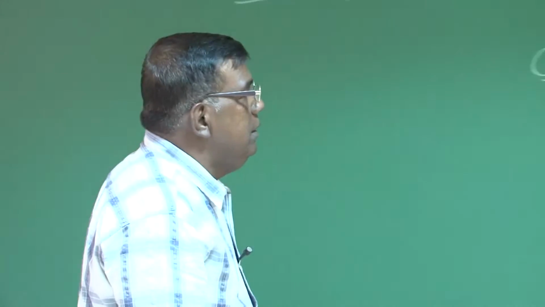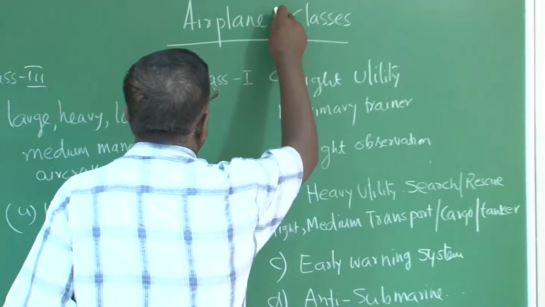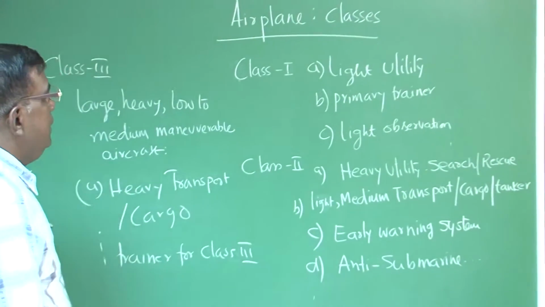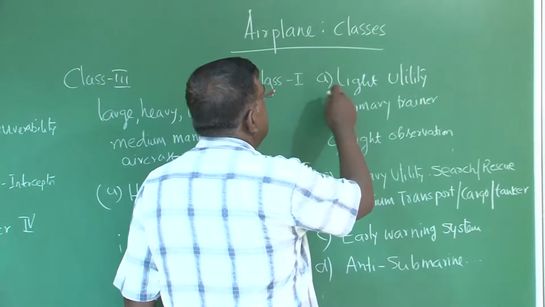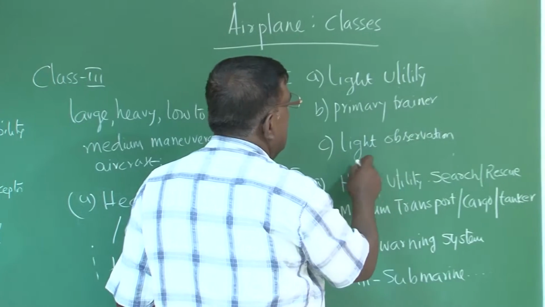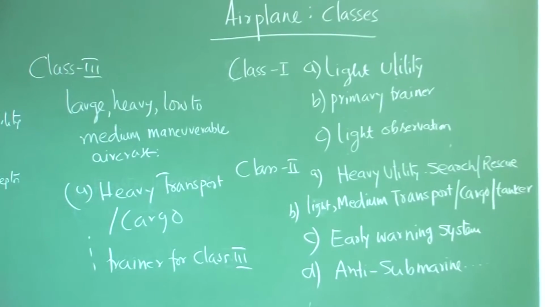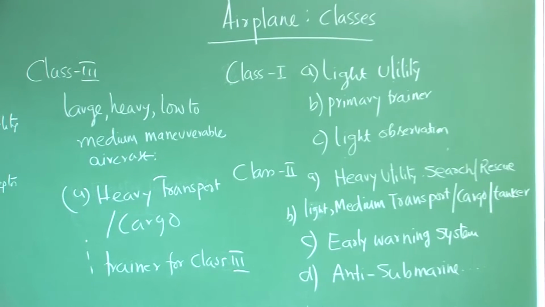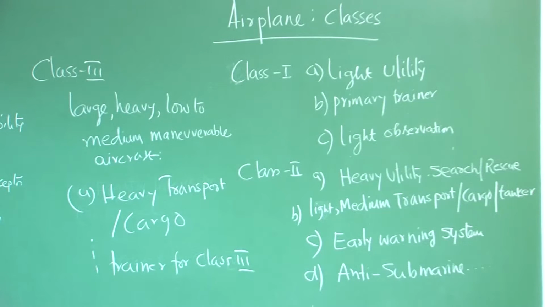First, they defined airplane classes. Class 1 addresses light utility aircraft, primary trainer, and light observation aircraft. All aircraft which come under the light utility category are classified as class 1.